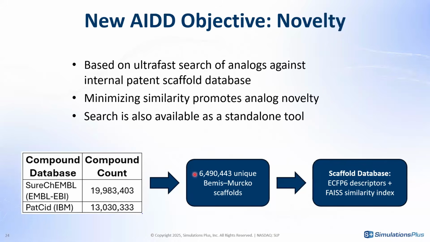From these, we have extracted many millions of unique ring system scaffolds, so-called Bemis-Murcko scaffolds, and then converted this to a searchable index based on ECFP keys and a technology known as FAISS from Facebook AI. This allows extremely rapid searching. So this is available within AIDD as an objective, but also available as a standalone tool from the ADMET Predictor user interface.